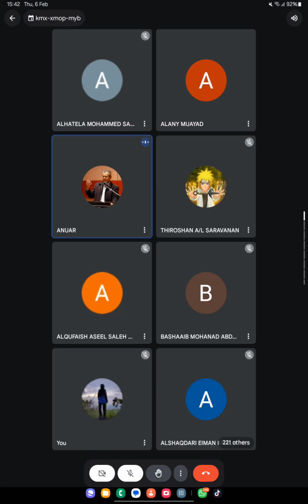One-sided exponential or two-sided, it depends on the question. You have to understand the question.